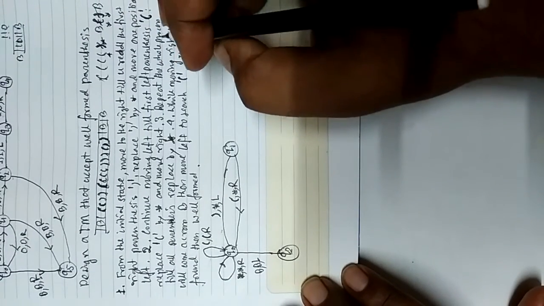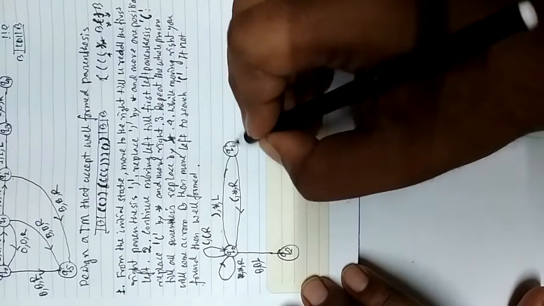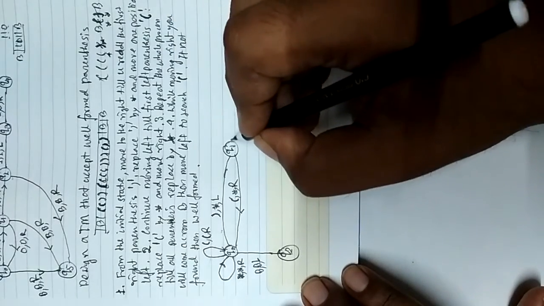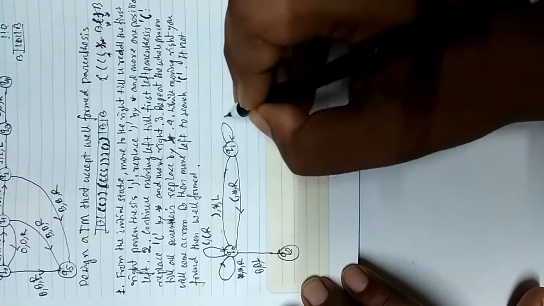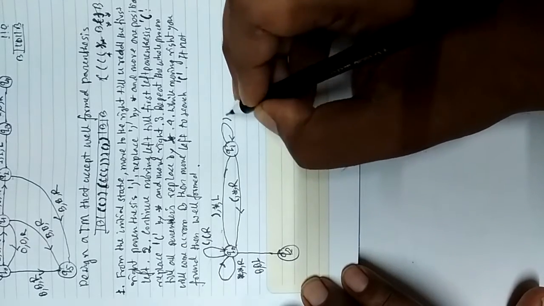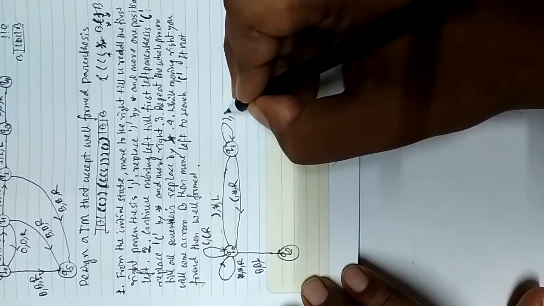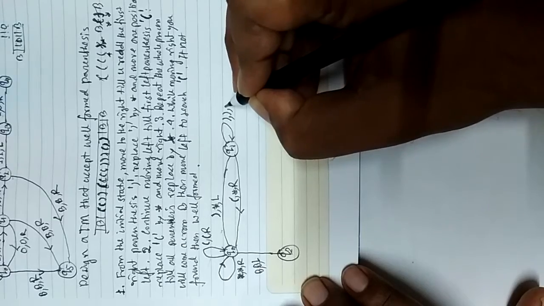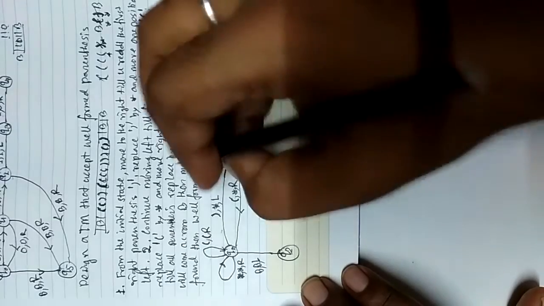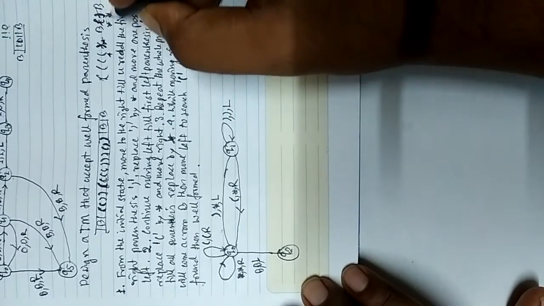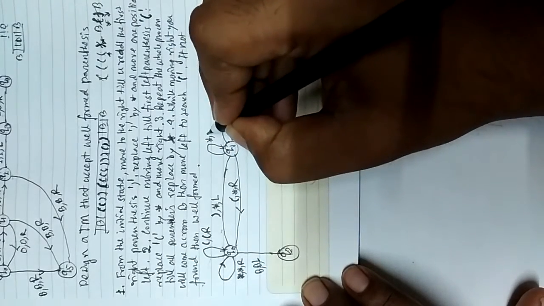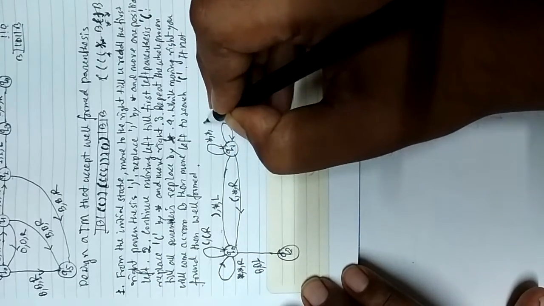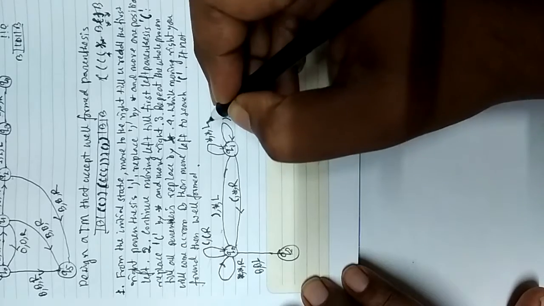Next I will see that in the Q1 state you may encounter this sign, that is the closing brace. Replace this closing brace with closing brace and move towards right. Since you are replacing all the stars, star may appear many times in the Q1 state, and you move towards the left.